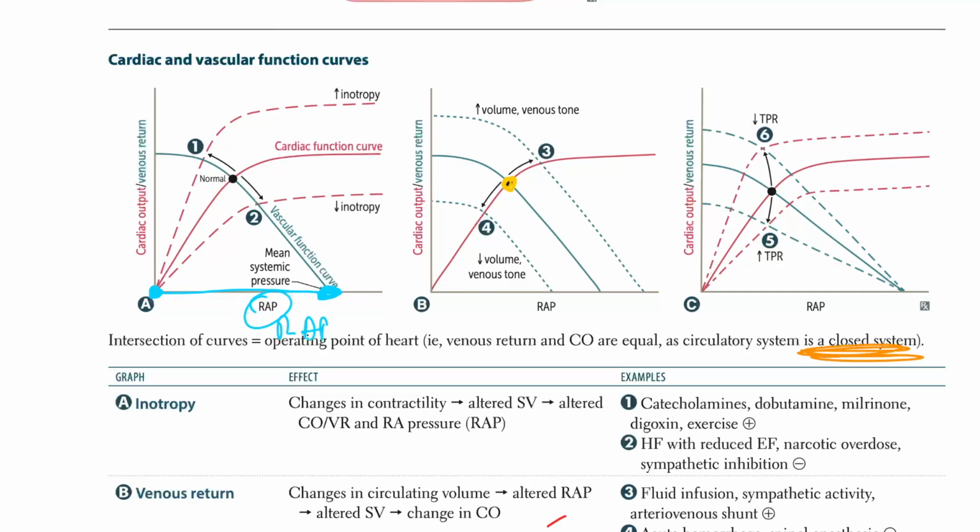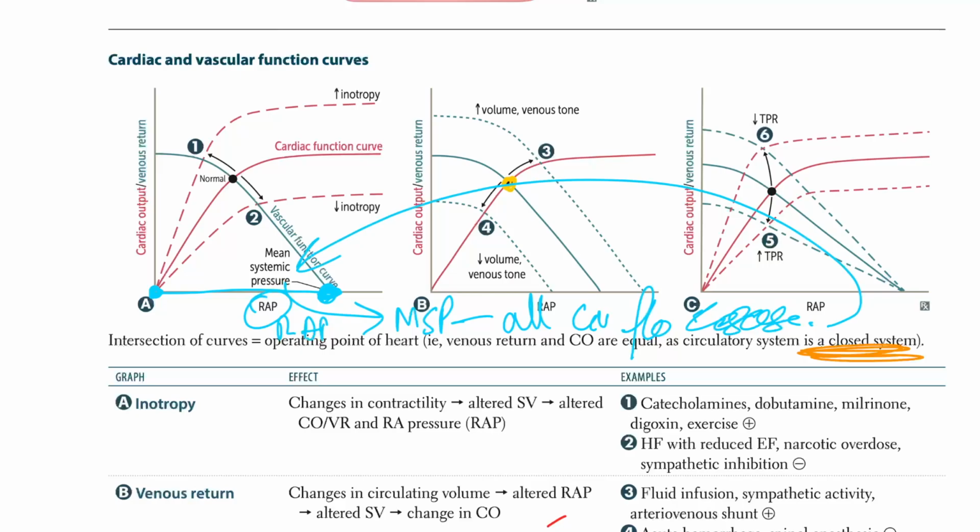So that's exactly what I'm trying to say here: at your mean systemic pressure, all circulatory flow ceases, and there is no fluid going here or there, and the whole circulatory system equalizes in pressure, and that is termed mean systemic pressure.